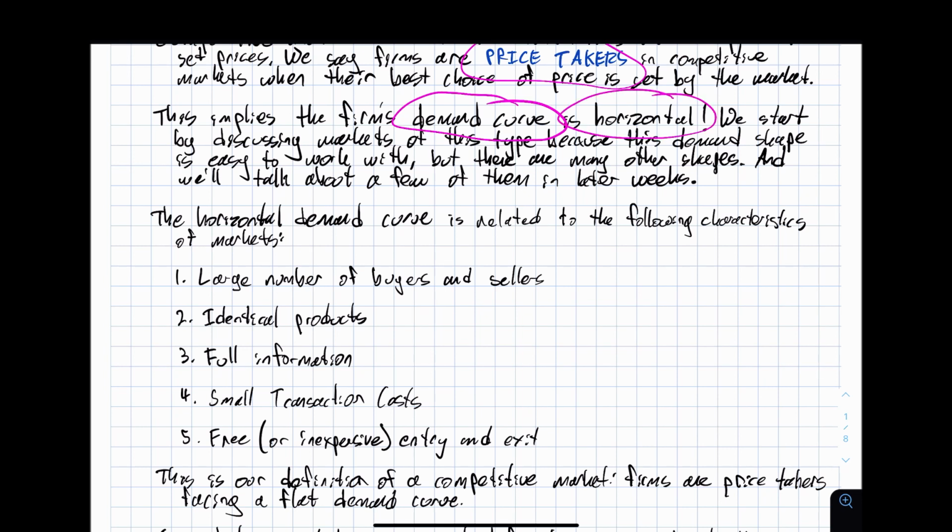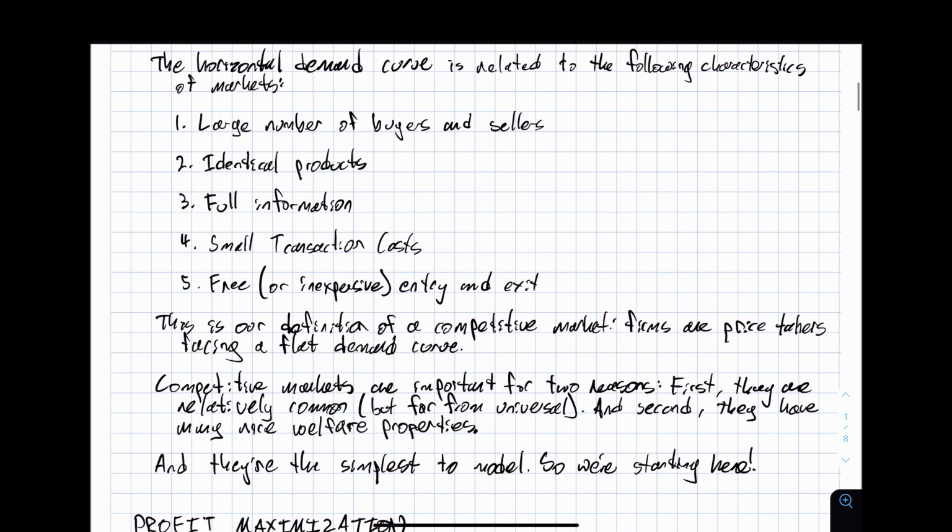There may be, in reality, some slight downward slope to their individual demand curve, but for the most part, the way we're going to model firms in perfectly competitive markets is with a perfectly flat horizontal demand curve at the price. And this can come from a number of sources.